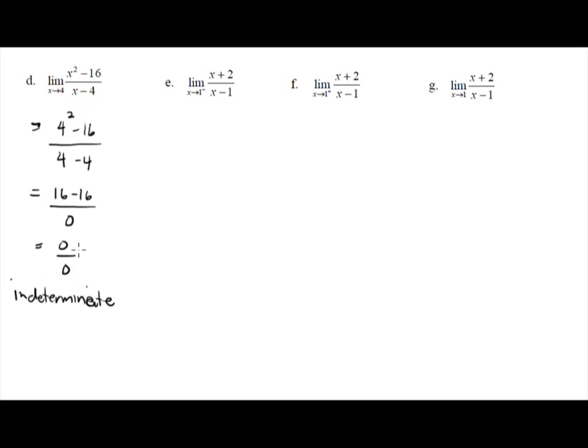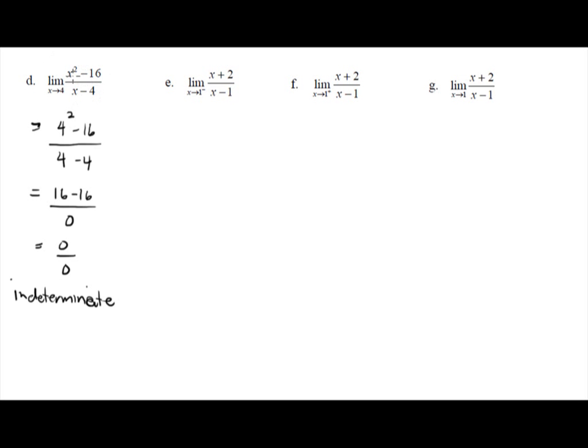Obviously substitution failed in this function, but the substitution method is not the only method in finding limits. For some expressions, when substitution fails, one thing that you can do is simplify the expression.